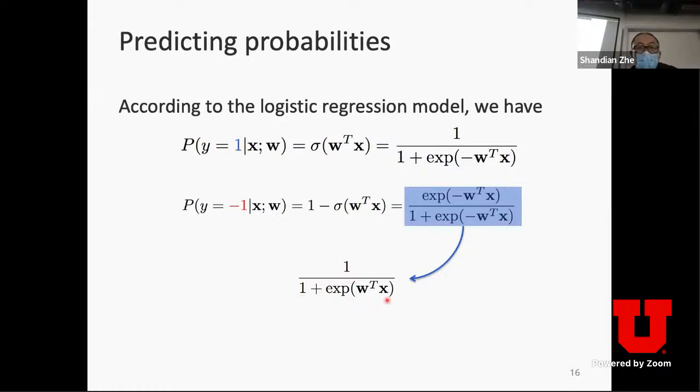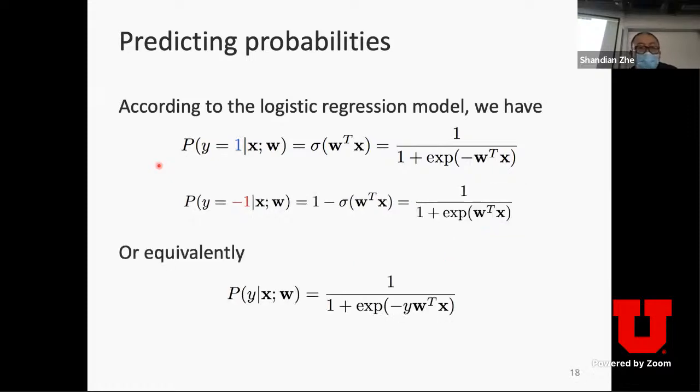So now, by looking at this and this, can we try to unify the two probabilities with one formula? Yeah, but you should put a minus sign in front of it. That's a commonly used trick.